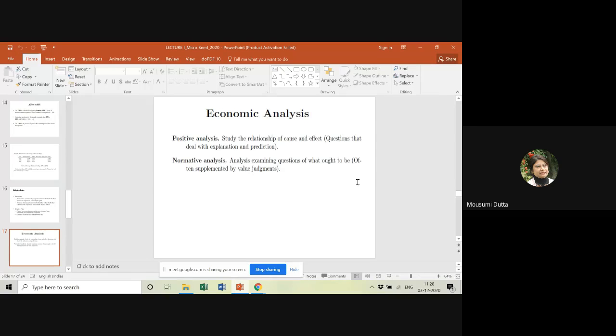Now, how will we formally present it? We will formally present it in terms of the consumer price index: current price divided by base price into 100. This will be the structure. This way we will calculate the inflation rate, and we will try to find out the inflation adjusted price, which we are calling the real price, or which will be equivalent to the purchasing power of an individual.